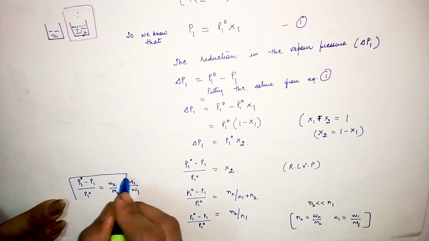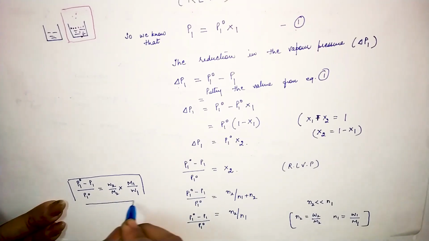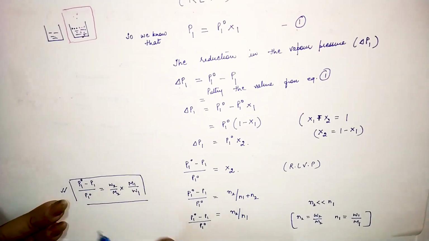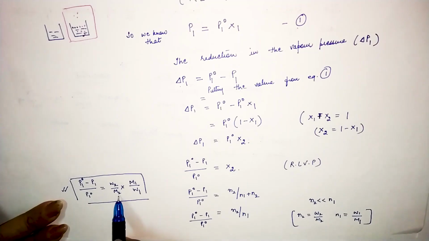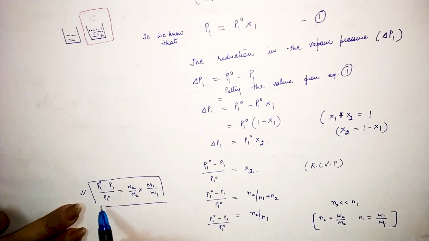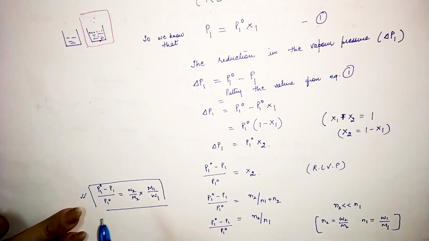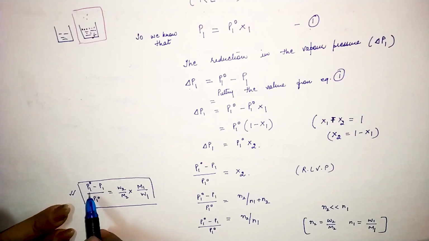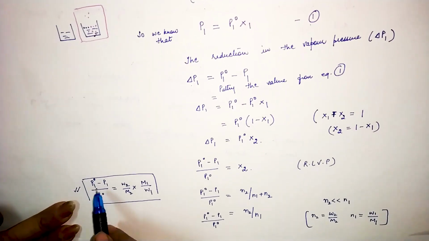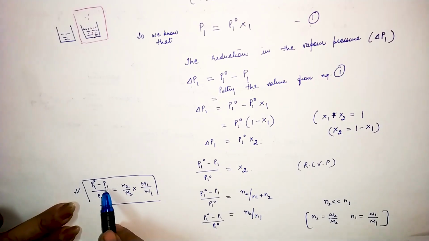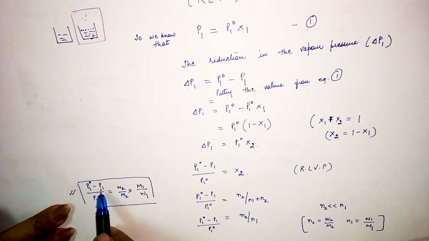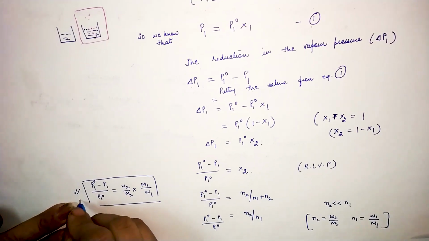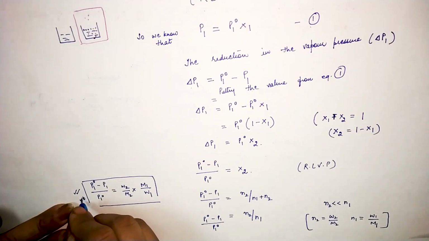This is the equation which we will use for the calculation of the molar mass of the solute with the help of relative lowering pressure, or we can also calculate the value of pure vapor pressure or the partial vapor pressure when the solute is dissolved in it. This equation we use for the numerical.